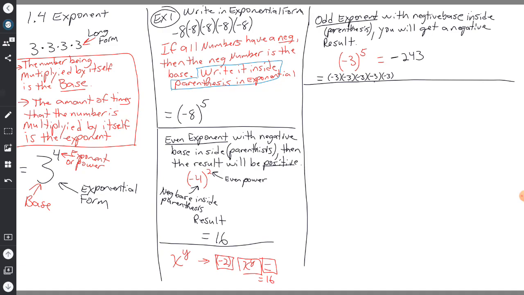Now, if you have no parentheses for a negative number with a power, the result will always be negative.